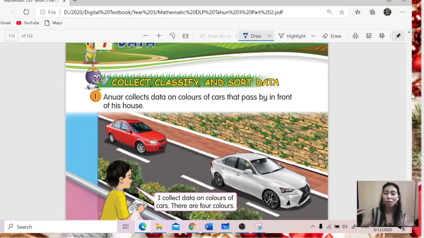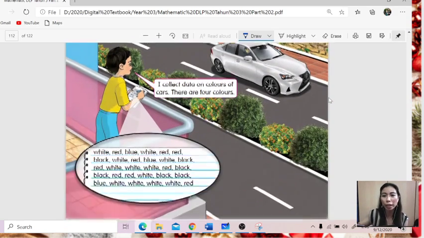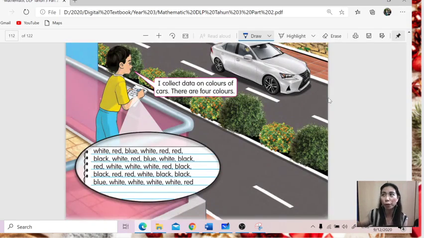Maybe he wants to see, or you want to know, how many cars pass by his house and what colors of cars. So he will not do it in one day. He may need to collect it for a few days.